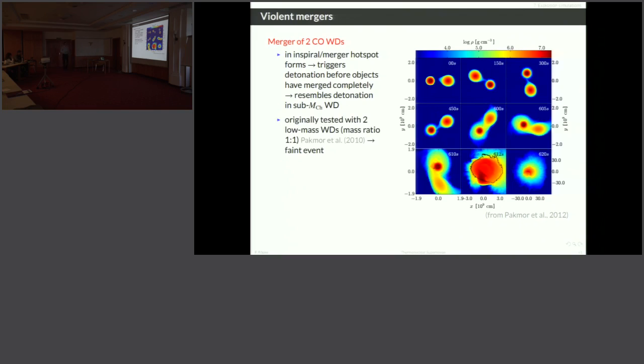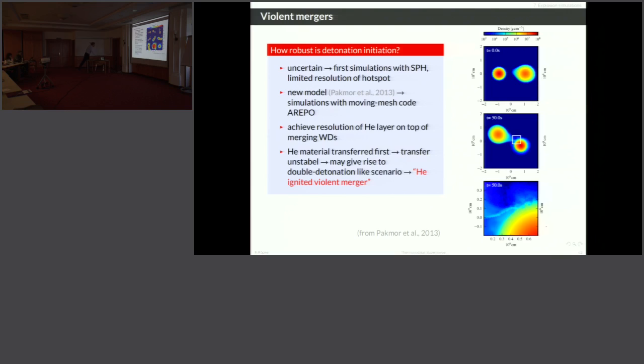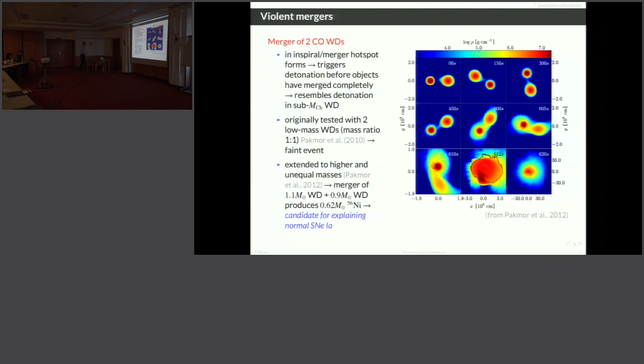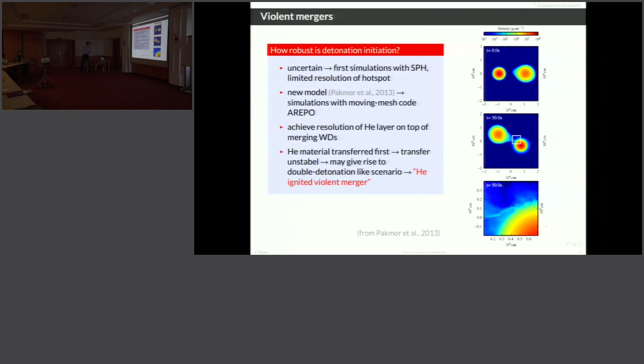Now, this was originally tested for two low-mass white dwarfs with a mass ratio of 1:1, giving rise to a rather faint event, but later on, Rüdiger Pakmor tested this also for other scenarios. So this setup here with two unequal mass, more massive white dwarfs actually produces 0.6 solar masses of nickel-56. So this would be a good candidate for explaining normal Type Ia supernovae.